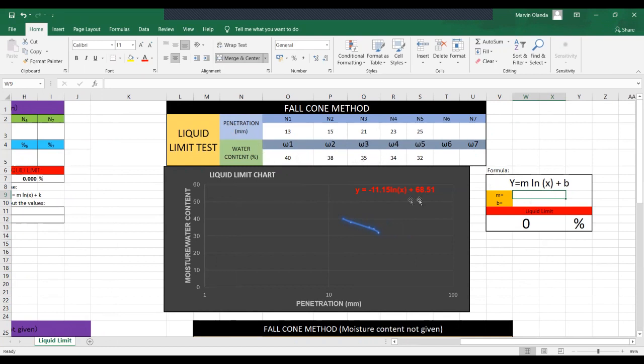Here we have the m of negative 11.15 and the b of 68.51. Automatically we have a liquid limit of 35.107%.